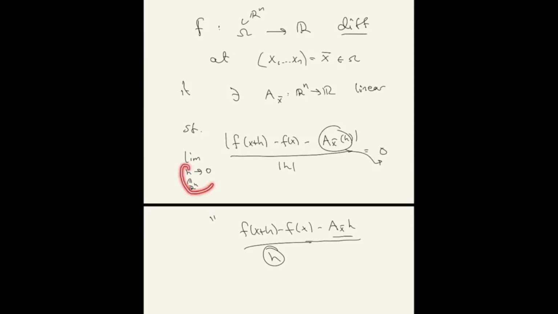But the crucial thing here is this linearity. I'm going to focus on that. And then another thing is that this is a multi-dimensional limit. So this is the only definition out of the three that will control all the directions simultaneously.